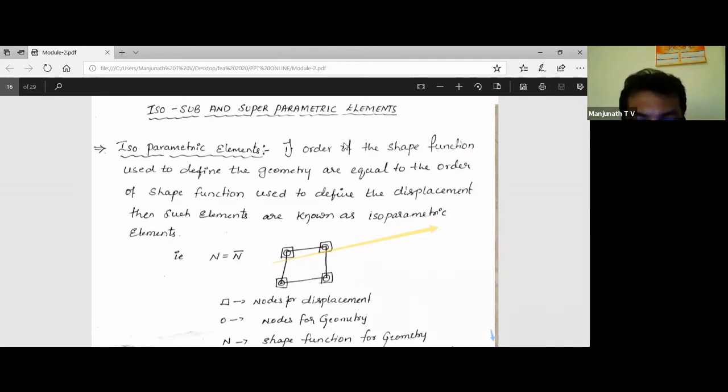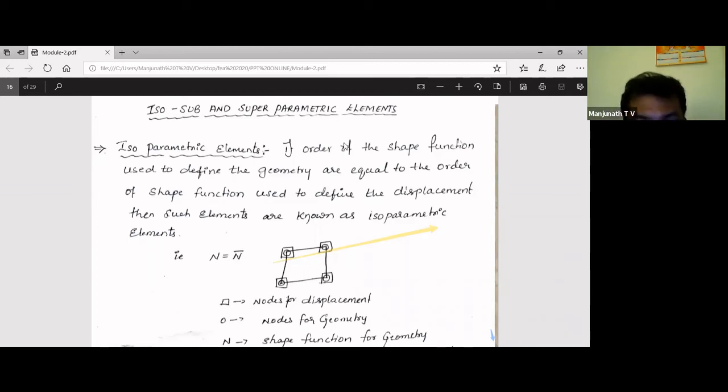The same shape function we obtained in the parent element, we again use to determine the displacement.